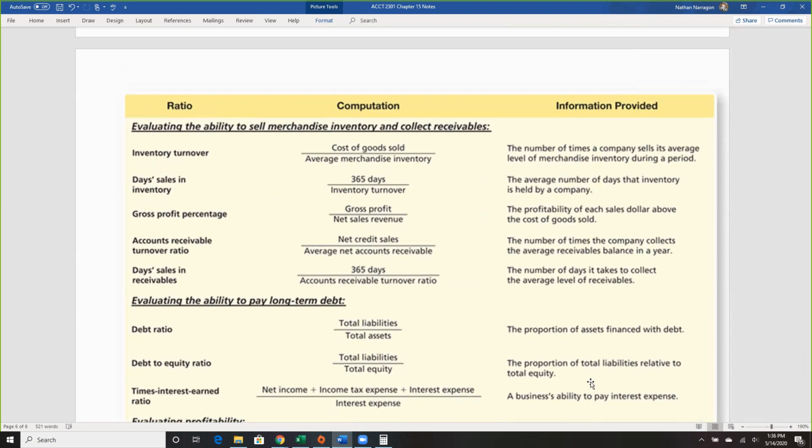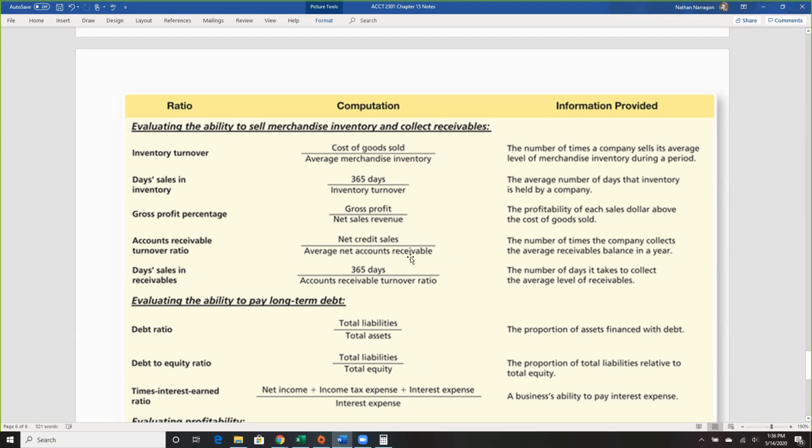Days sales in inventory, how many days that inventory is held in the warehouse. Gross profit percentage, which of course we're going to use quite a bit. Accounts receivable turnover ratio, and the days sales in receivables mimics your inventory. And then you got, of course, all these averages.